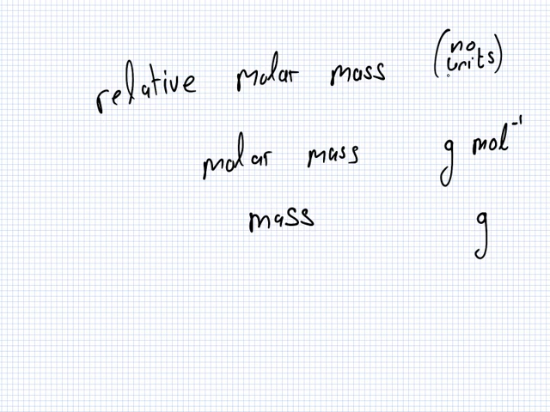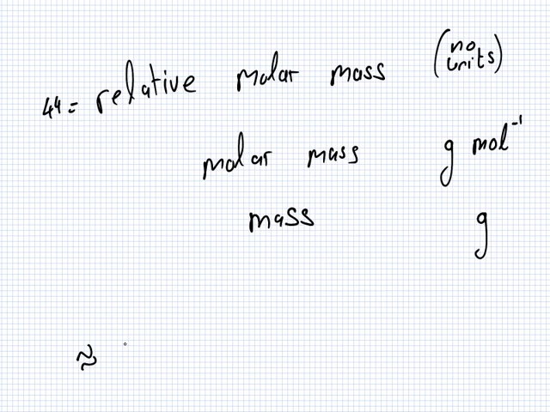Because if you say relative molar mass is 44, it's a bit like relative density, which doesn't have any units. If I said relative density is 2, what does that mean? Compared to water.